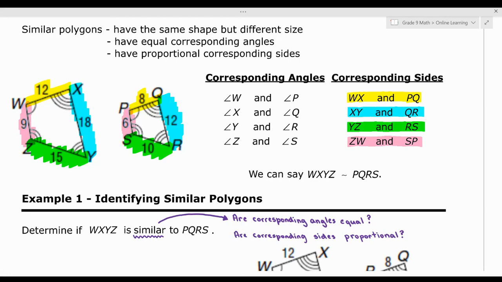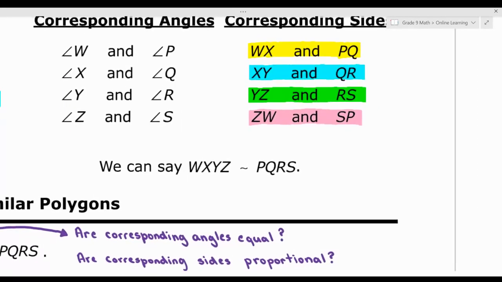If we can say that the corresponding angles are equal and the corresponding sides are proportional, then we're allowed to say that the polygons are considered similar. So you'll notice below it says we can say WXYZ is similar to PQRS. Something I think I didn't mention in the similar triangles video is that there is a reason why they are labeled this way.